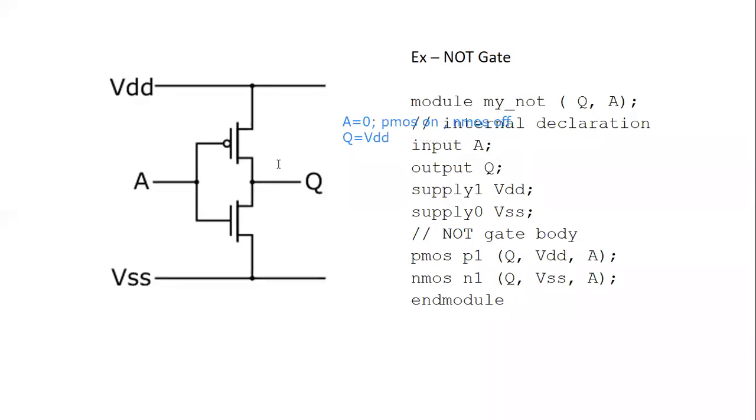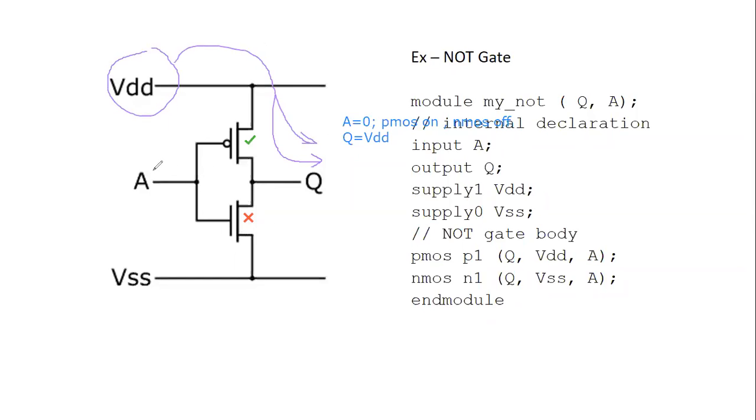PMOS is on, NMOS is off, so this will not work. Only this one will be working. When this is working, the flow of the output will be like this. What is the value over here? VDD. That's why VDD will be available at Q. Q will be equal to VDD.